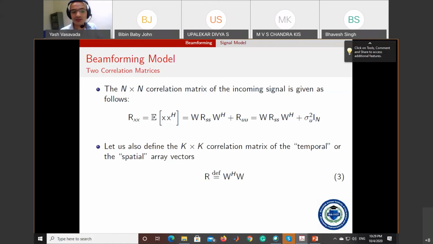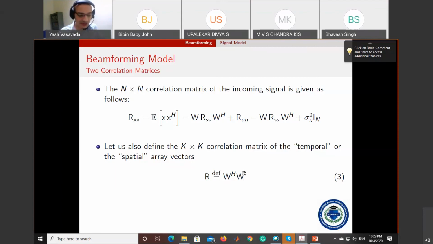So my question is, what is this matrix W Hermitian W in the context of CT516? Who can tell me that? In CT516, what was this W Hermitian W?